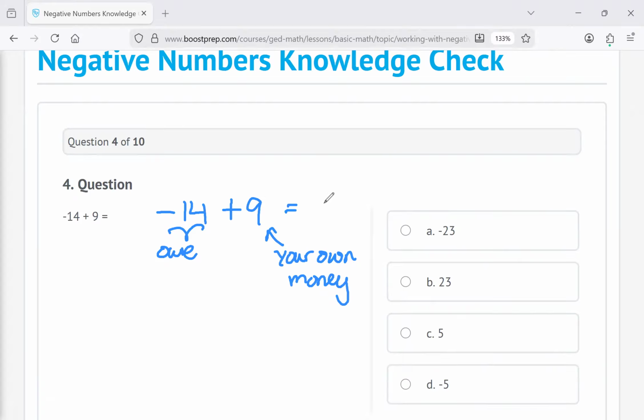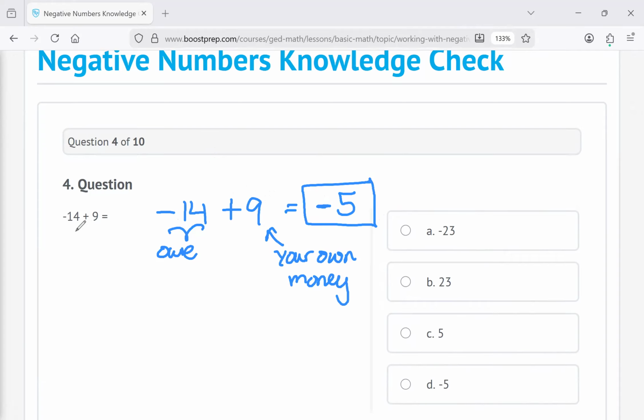You're going to be definitely in the negative. You're in a deficit, right? You owe someone $14, but you only have $9 in your bank account. So it's minus, and then it's just subtraction. So what's 14 minus 9? 10, 11, 12, 13, 5. Okay, so it's negative 5.